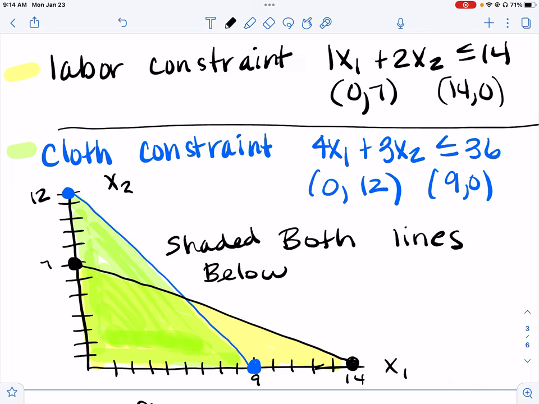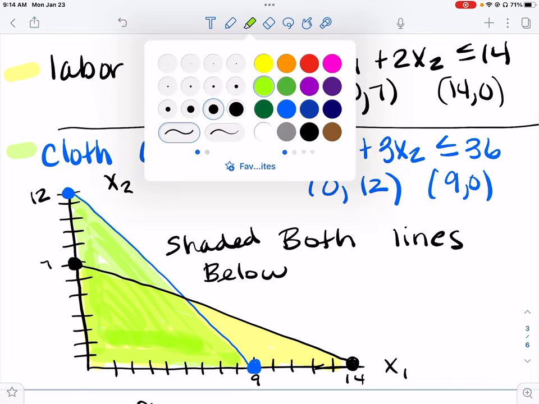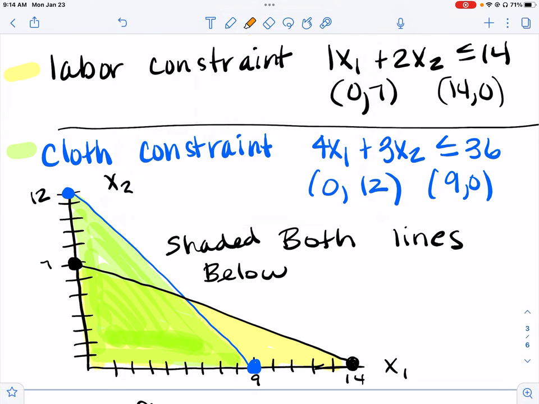So what is shaded in both? What's shaded in both would be this section right here. That is shaded twice. So that means anything in that area will meet the labor constraint and the cloth constraint. Okay, you've got to meet both constraints, meaning you can't go over on labor, you can't go over on cloth.